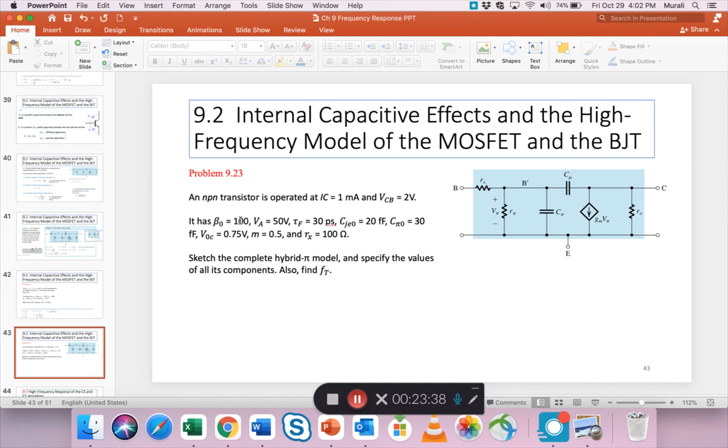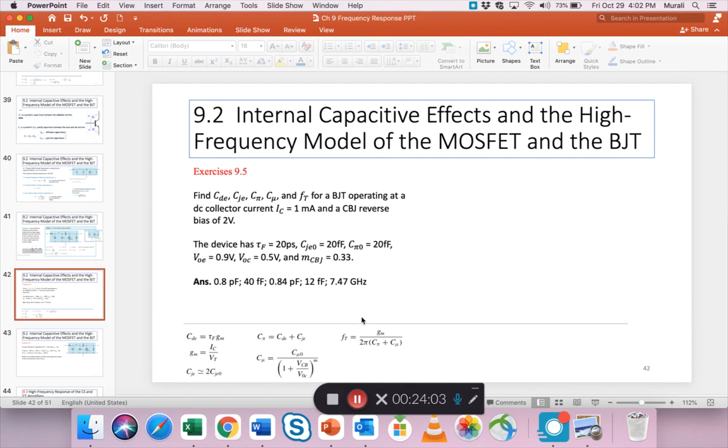Problem 9.23 is the next problem, also on BJTs. So an NPN transistor is operated at IC equals 1 milliamp, VCB 2 volts. All these values are given. Sketch the complete hybrid pi model and specify the values of all its components. Also find fT. The rx is given in this case to be 100.